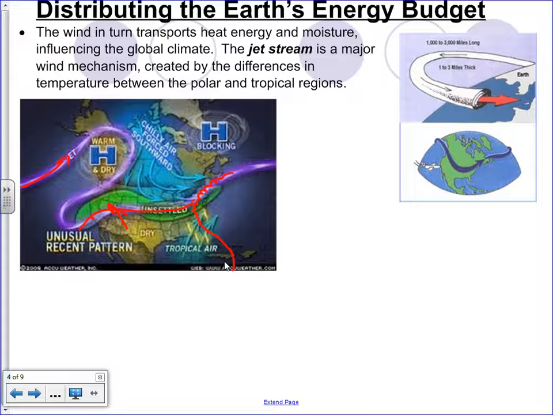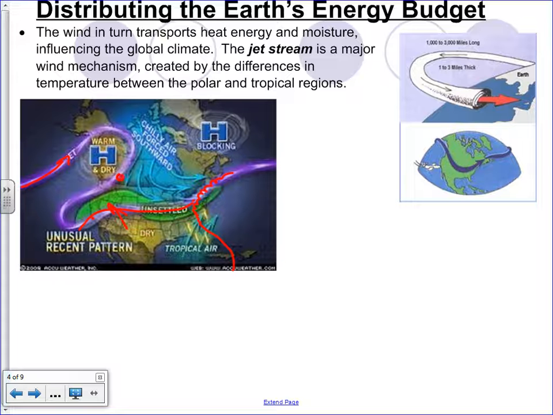Now, as it goes over here, it's obviously going to cool off because now it's up by Alaska, over the Arctic Ocean, and then it's coming down through this chilly air that's forcing the jet stream back the other way, because air always rotates a certain direction around a high pressure area. So it's pushing it down and around this way.